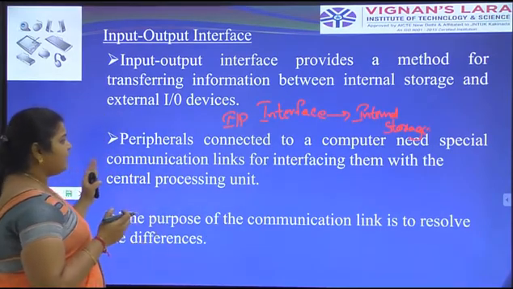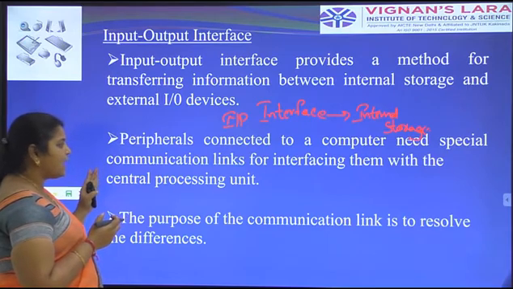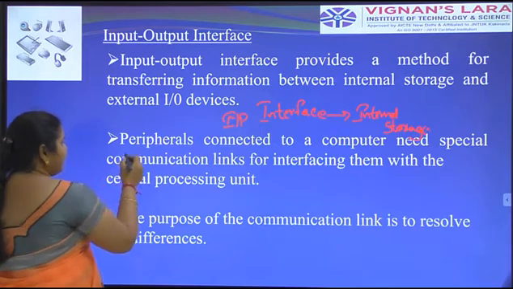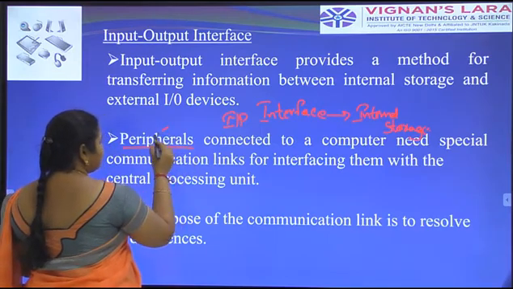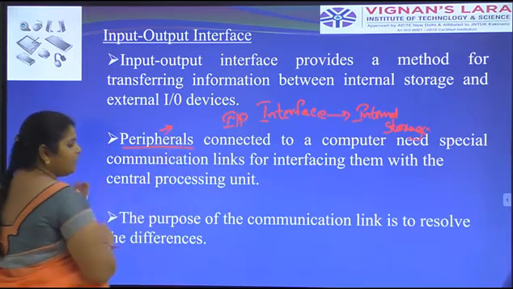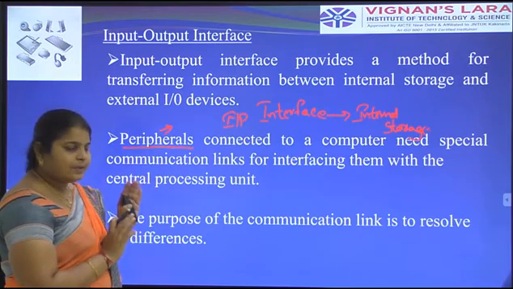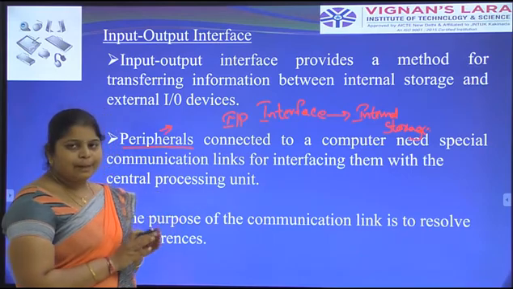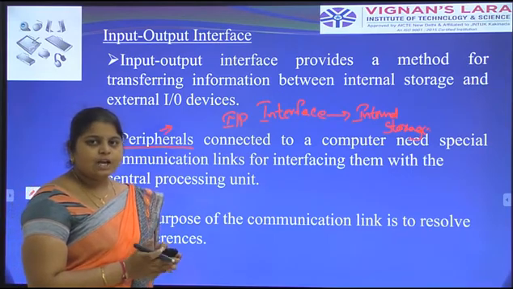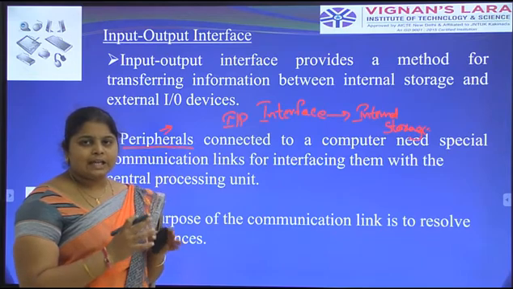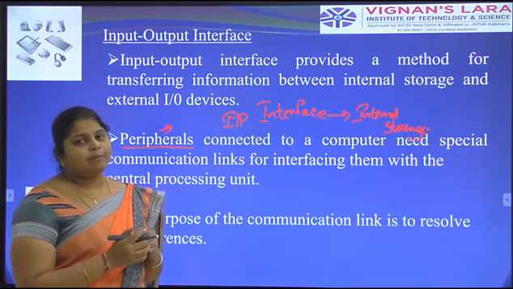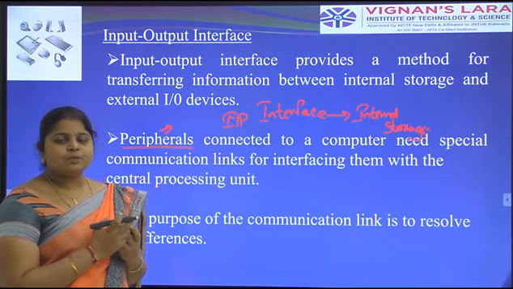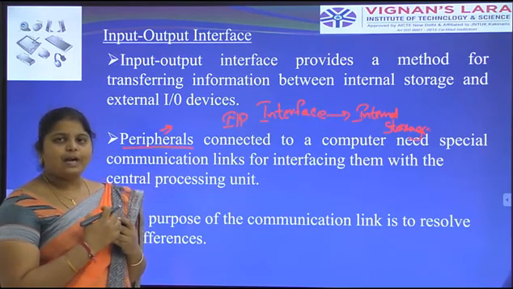Peripherals connected to the computer need a special communication link for interfacing them with the central processing unit. Peripherals are nothing but input devices and output devices. Peripheral devices are external parts of the computer that are connected to it. Whatever internal calculations are done, the result is displayed on the monitor, and the user gives input with the keyboard and mouse.